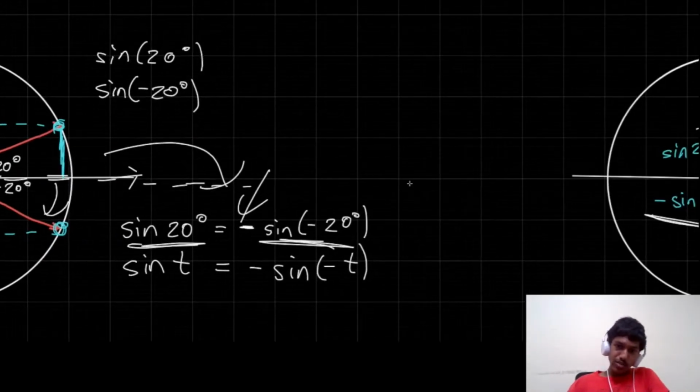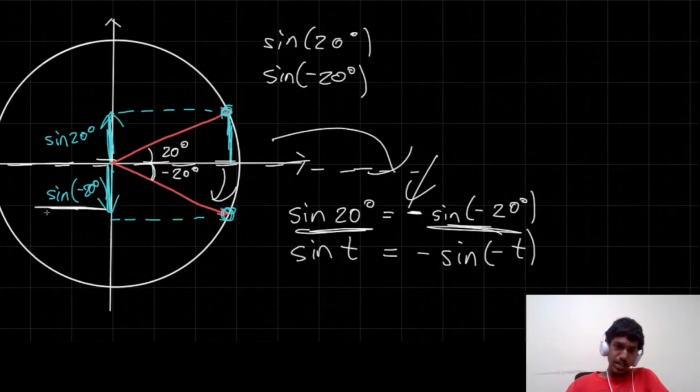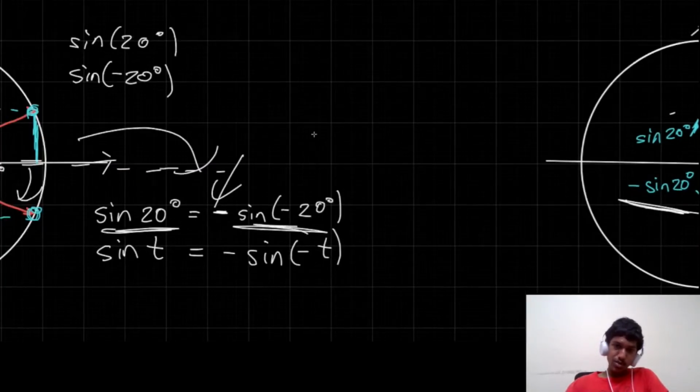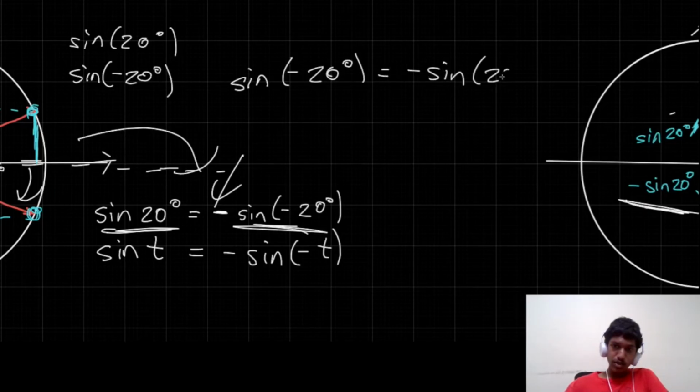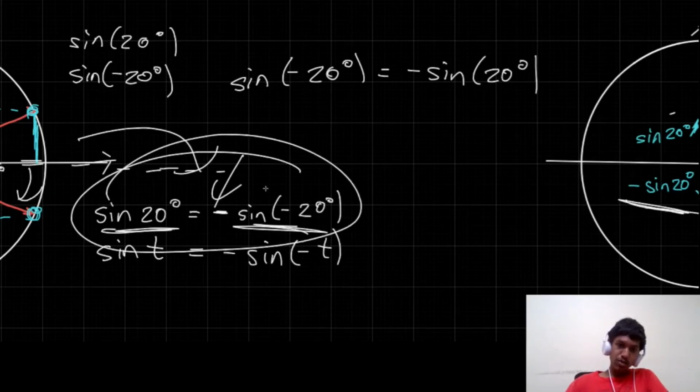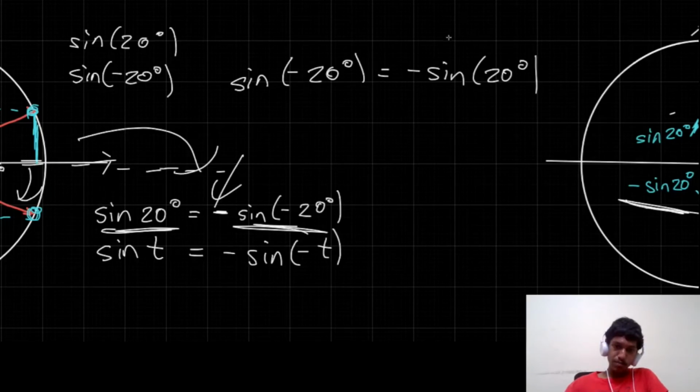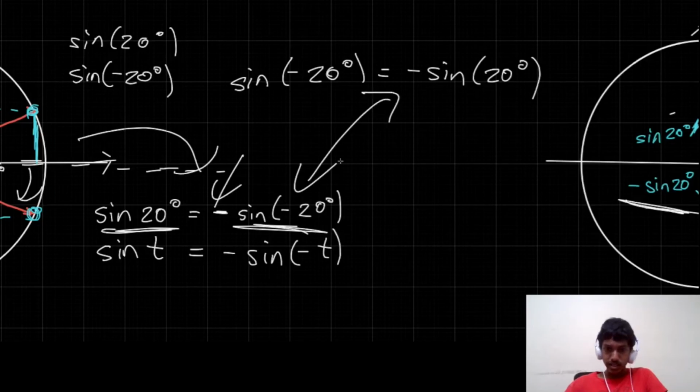So we say sine minus 20 degrees equals minus sine 20 degrees, which is basically what we wrote here, except now the minus is attached to this guy. You can move this minus sign over here with some algebra. You just multiply by -1. So these are equivalent statements, essentially.